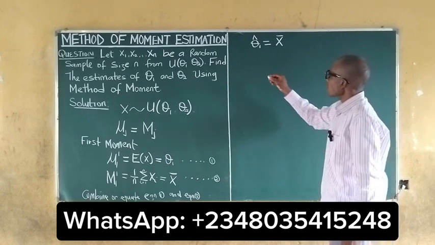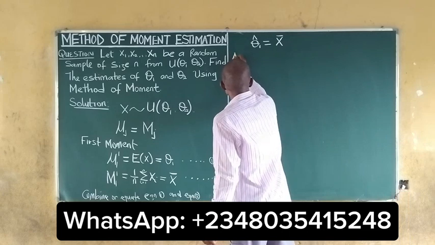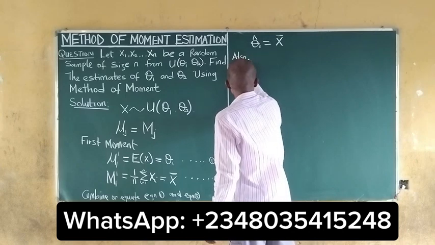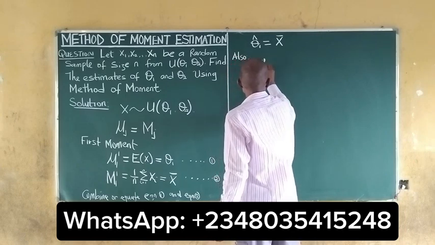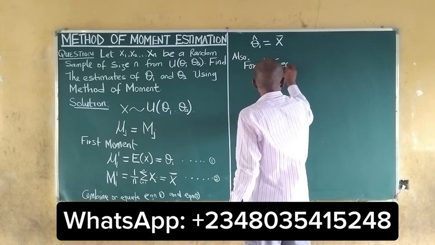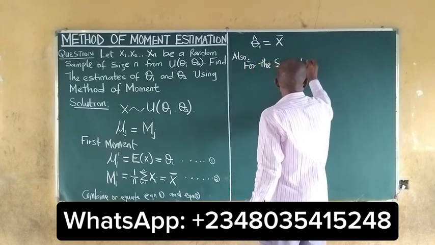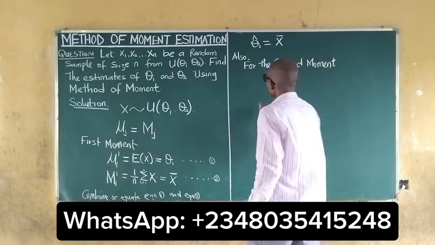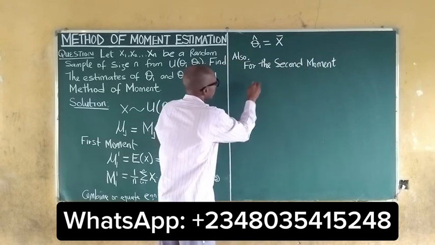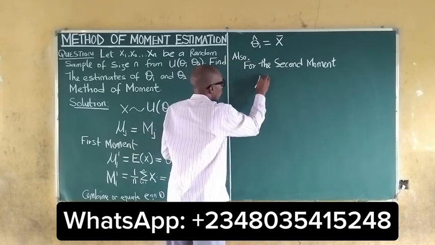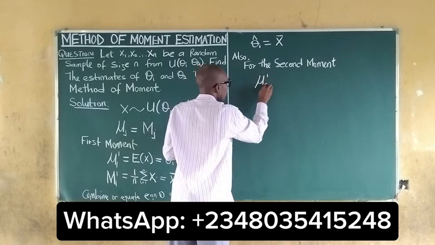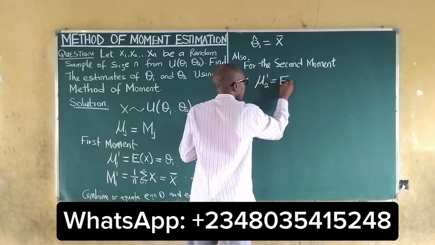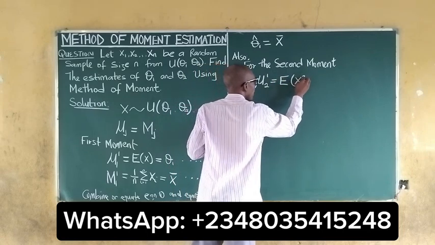Also for the second moment, we have our population mean to be equal to the expected value of x squared.